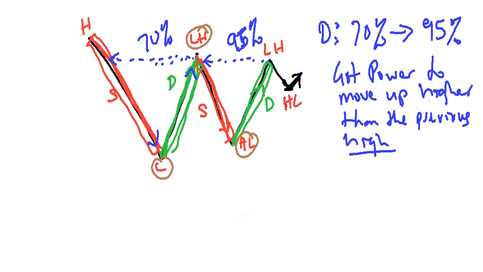Now I want to analyze the downward move power, so I need to change my cycle. This is my first cycle: the low followed by the high followed by the low again creates one cycle.